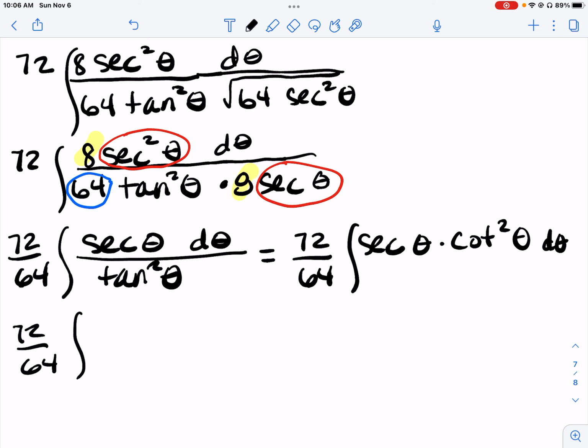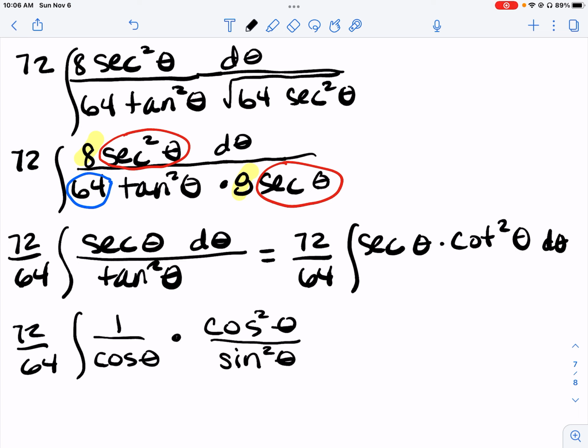Okay, I'm going to write secant as 1 over the cosine. I'm going to write cotangent as cosine over sine. So this is cosine squared over sine squared, d theta.